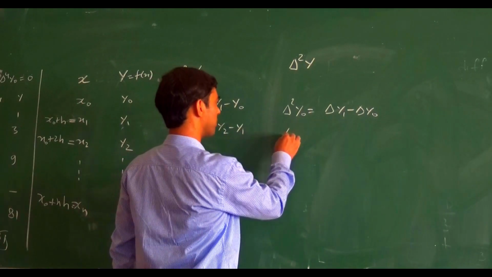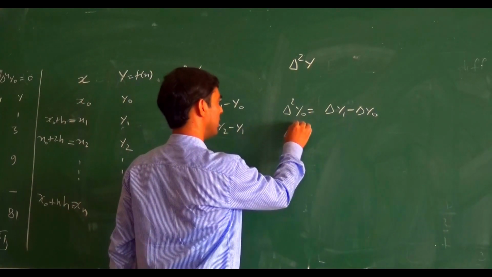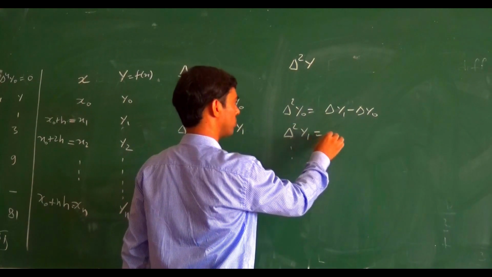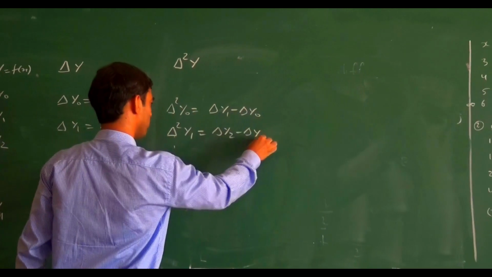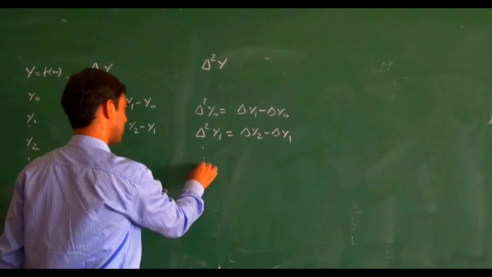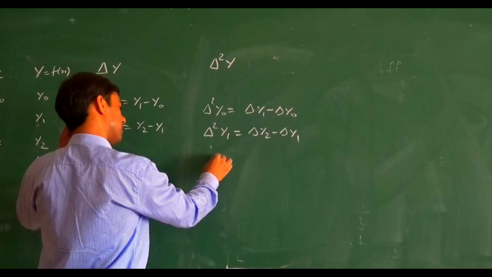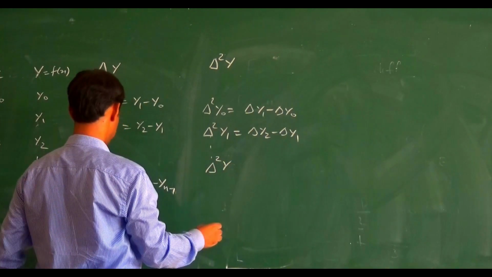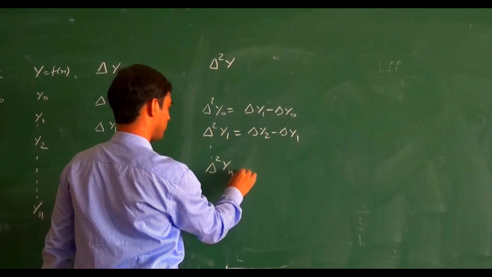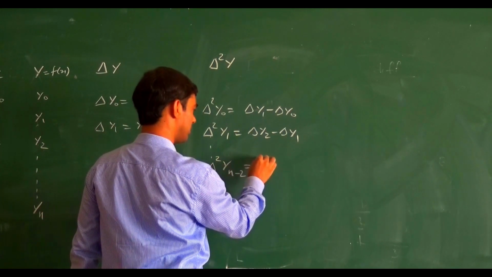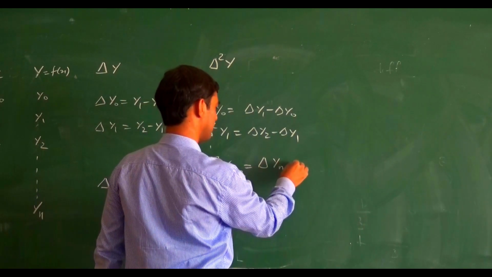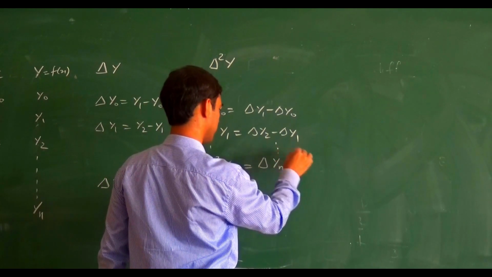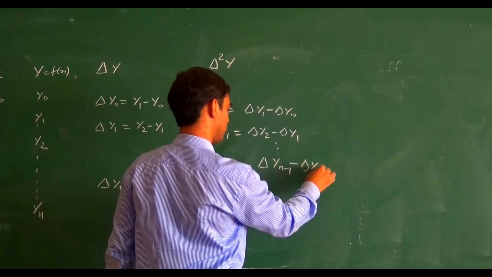Similarly, what is the value of del 2 y1? Del 2 y1 is del y2 minus del y1. And the last value is del 2 y n minus 2, which is del y n minus 1 minus del y n minus 2.